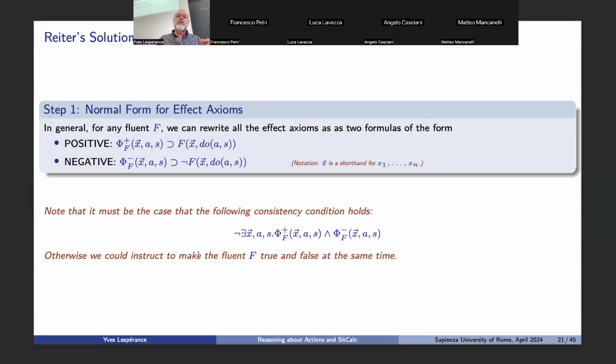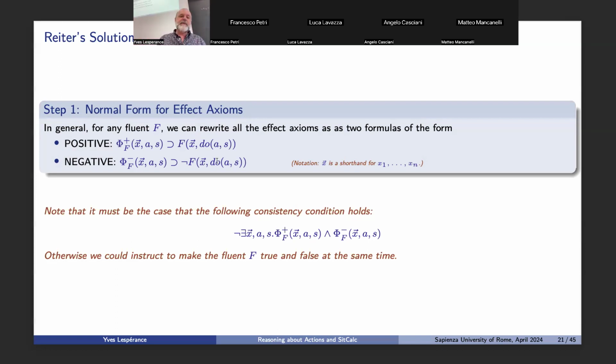Now when you do this, you have to ensure that you remain consistent. The condition for F to become true and the condition for F to become false should never both be true, because otherwise there would be situations where you do an action and F becomes both true and false. It's contradictory.